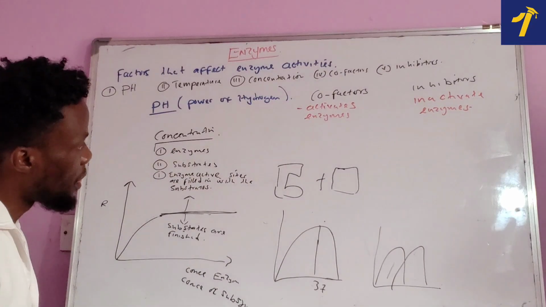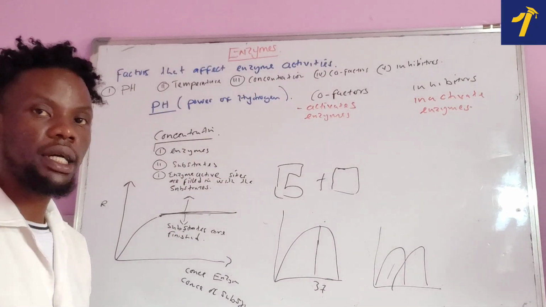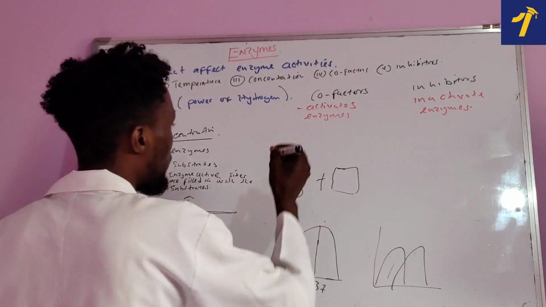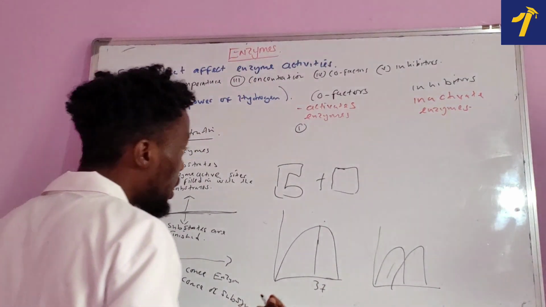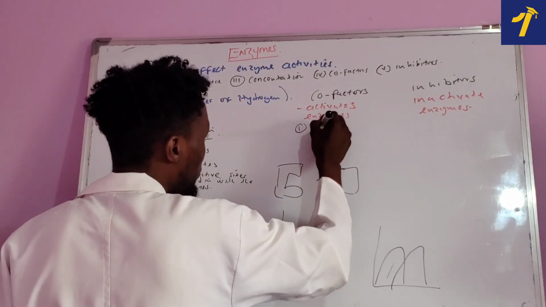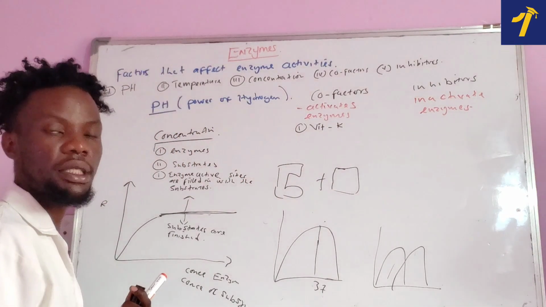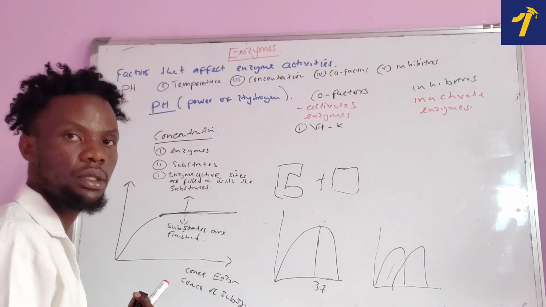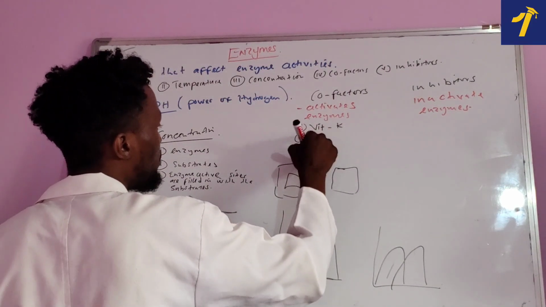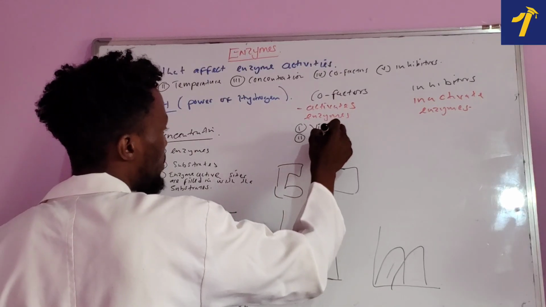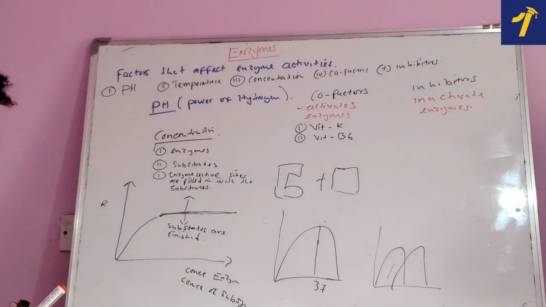Now, the question that you can ask is: what are good examples of these cofactors? We have a lot of cofactors in our body. We can have vitamin K as one of the cofactors because it helps in the coagulation cascade. Then we have vitamin B6, which is also one of the cofactors that we need to understand.